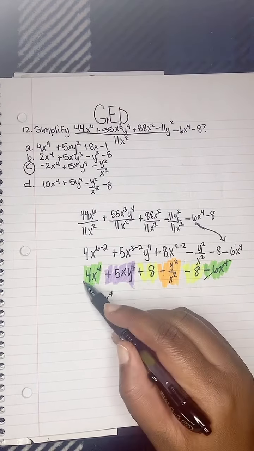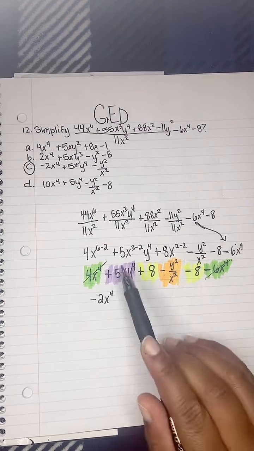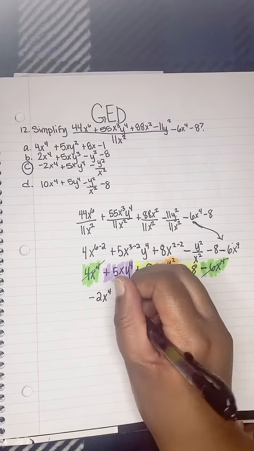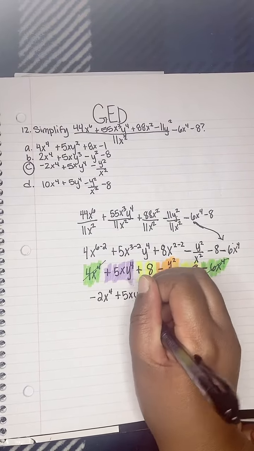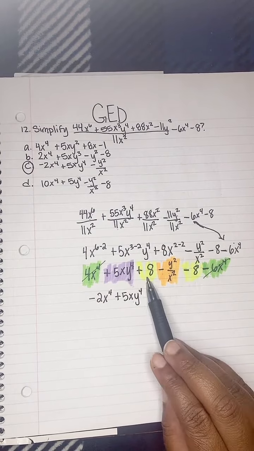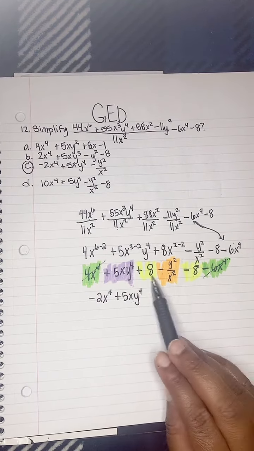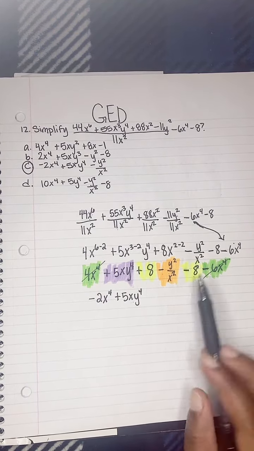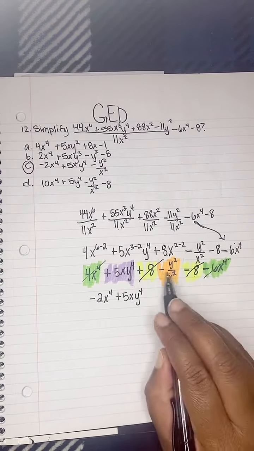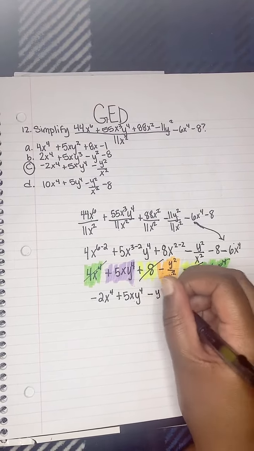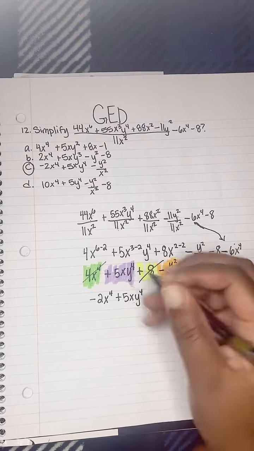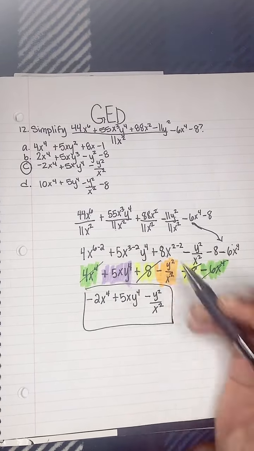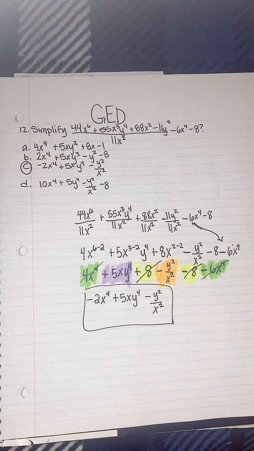Yes. So these cancel, and then we would drop down this plus 5xy to the fourth. And you see how the 8 minus 8, our yellows, cancel. So those cancel, and then we drop down our orange. And C is your answer choice.